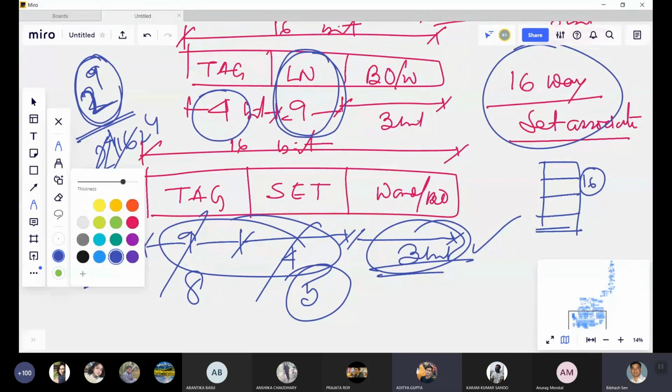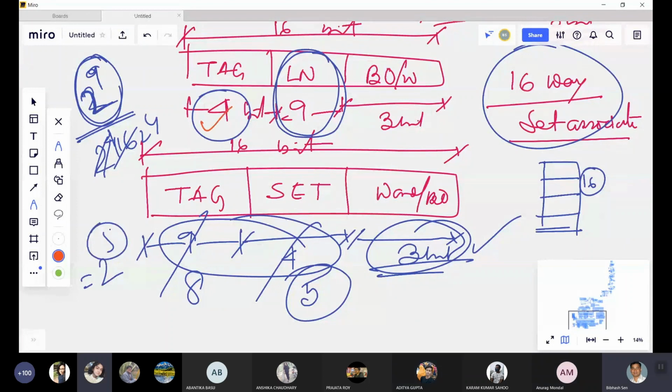In direct mapping, the tag bit is 4, and here the tag bit is 8. So see, it increases. Is it clear? Yes, sir. Is this problem solved? Yes, sir. Solved. Okay, so let's go to another chapter.